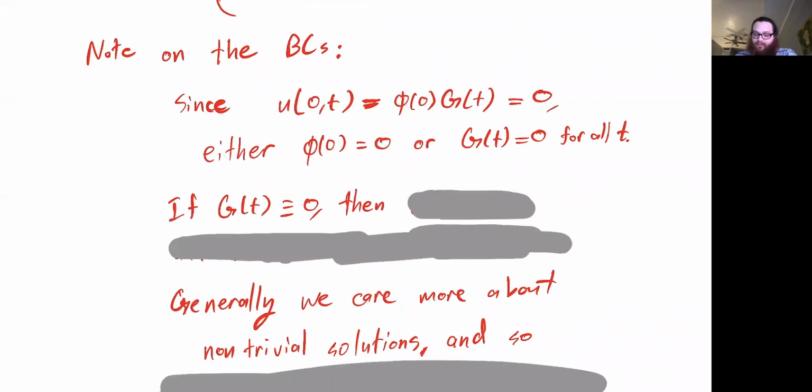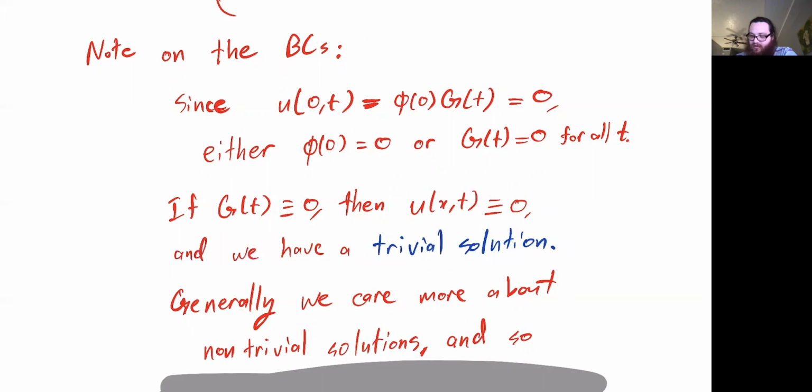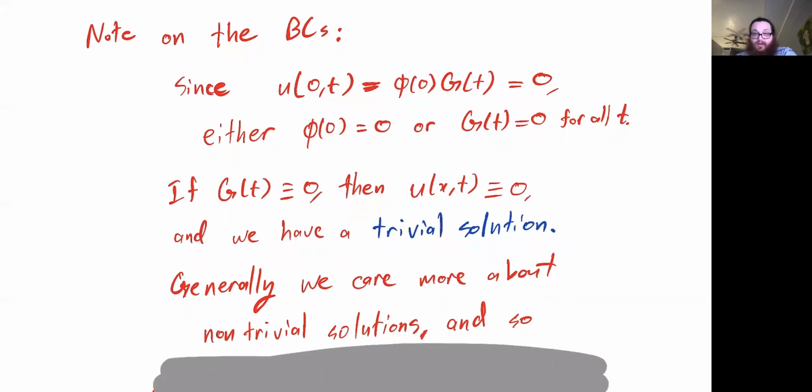But notice that if g is 0 for all t, so this function that depends on time is always 0, then our solution function will be identically 0. So it's a solution, but it's not really doing anything interesting. We usually call this a trivial solution.